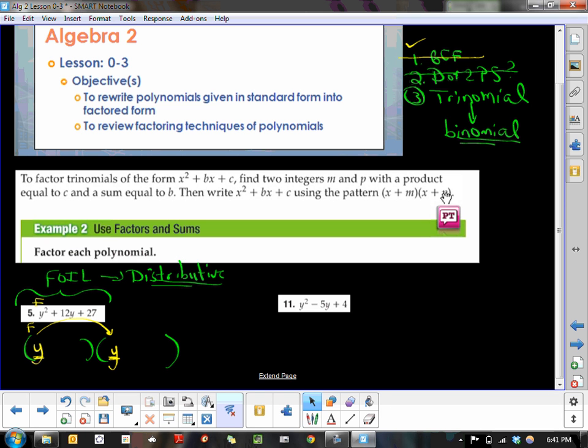Also in FOIL, and we do this in a slightly different order because now I'm going to go to the last term back here. The numbers sitting in the last positions of our binomials, when we multiply those last ones together, have to give us 27. Now that gives us a very limited number of possibilities.